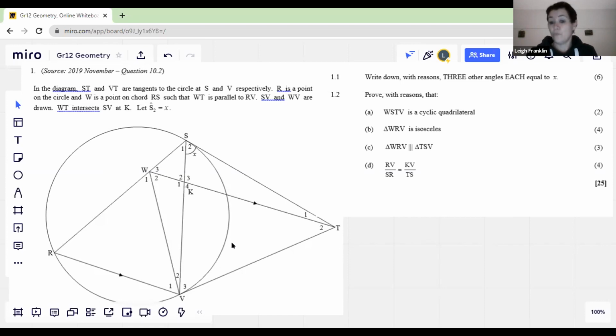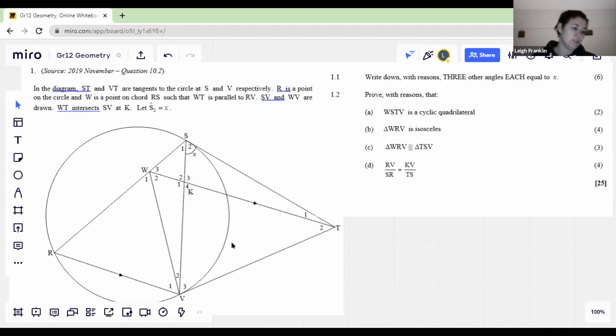No, ma'am, it's not. Exactly. So if it was cyclic, then yes, but we haven't proved that it's cyclic yet. And we can't assume it's cyclic because we can't see a circle drawn through points W, S, T, and V. All right. So unfortunately, it is going to end up being W2, but only later on. Okay. We can't do that just yet. So W2, unfortunately, not yet.